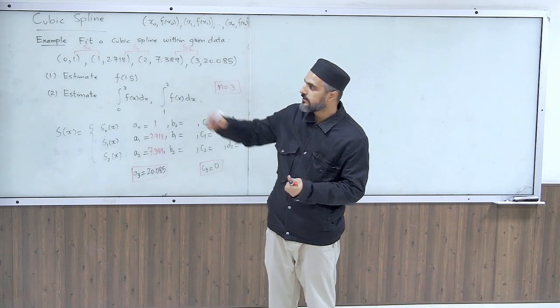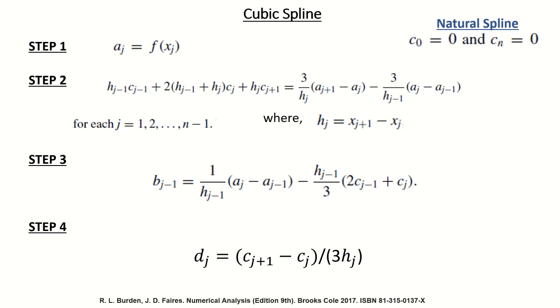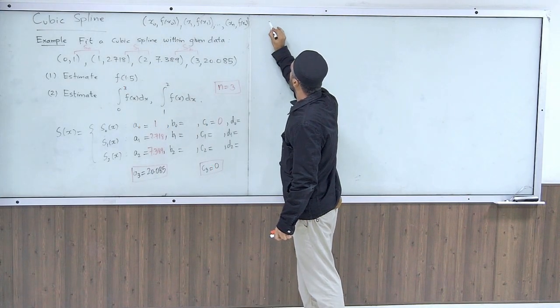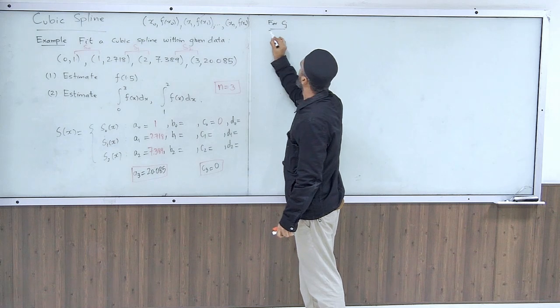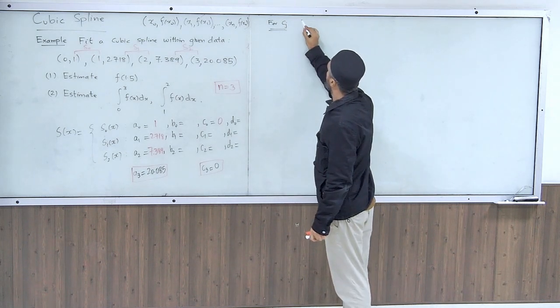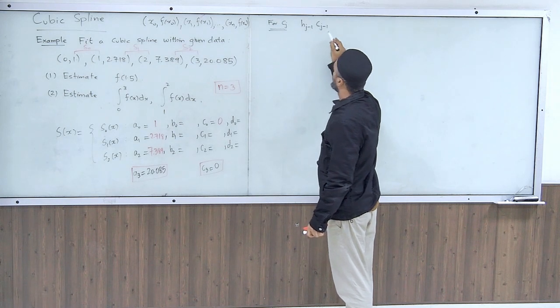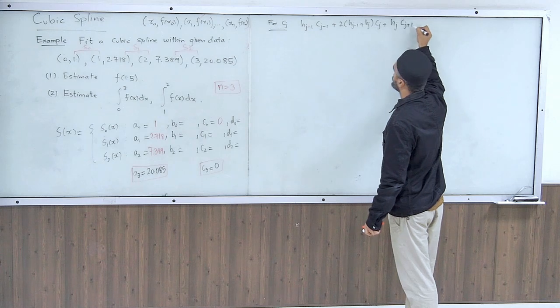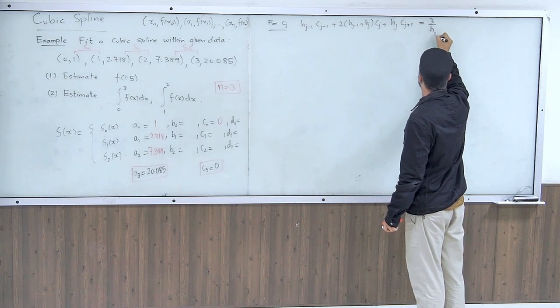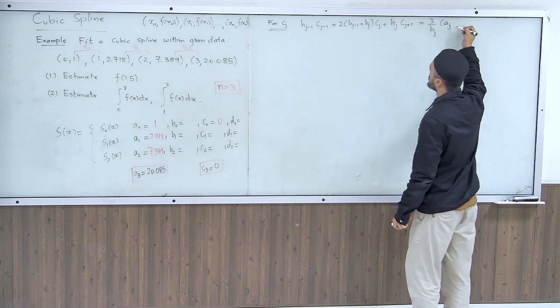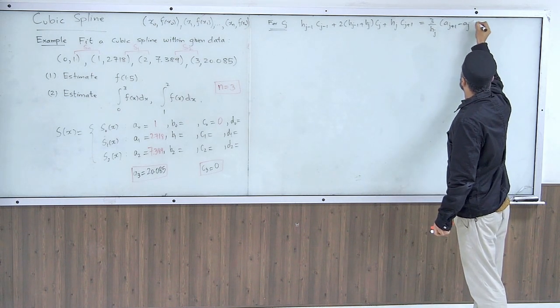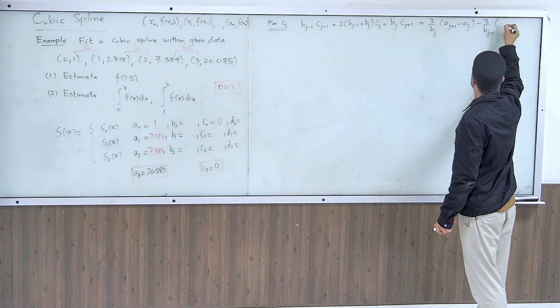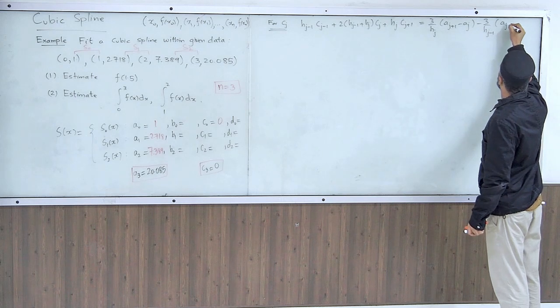Let me write that equation over here, for the Cj's. That equation is: h_{j-1} c_{j-1} plus 2 times (h_{j-1} plus h_j) c_j plus h_j c_{j+1} is equal to 3 over h_j times (a_{j+1} minus a_j) minus 3 over h_{j-1} times (a_j minus a_{j-1}).